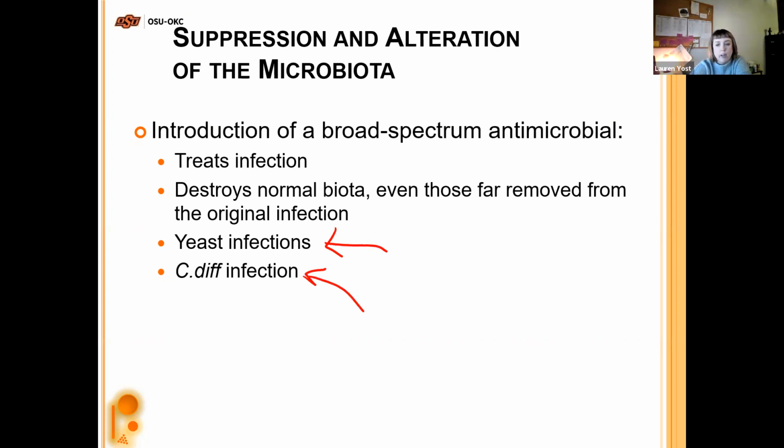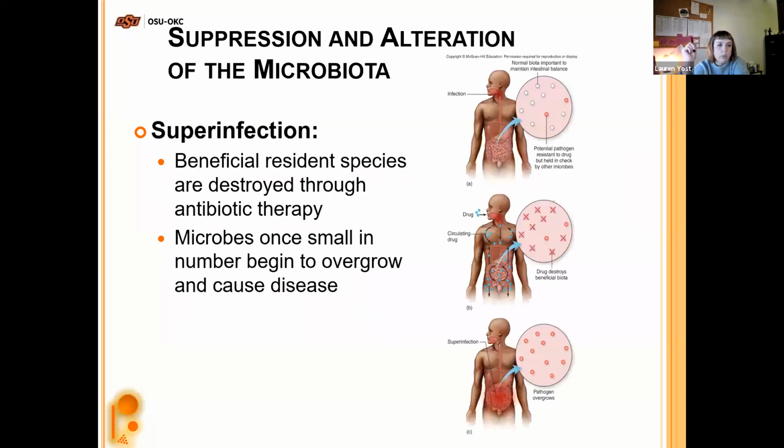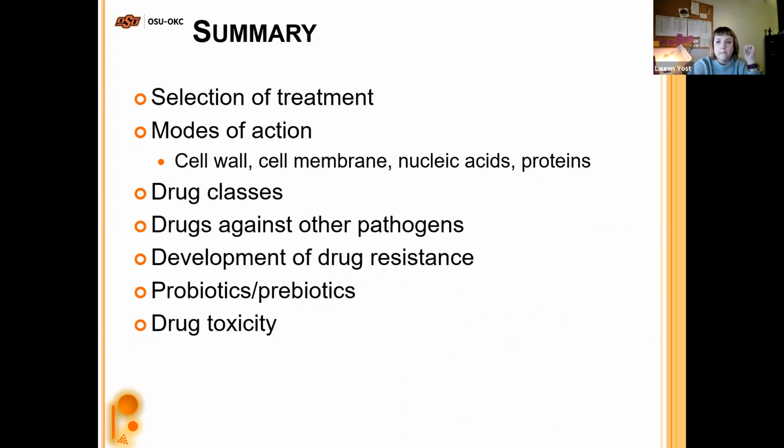I don't think I need to go over that again. That sort of situation is called a superinfection, where the beneficial resident species are destroyed through antibiotic therapy, and then microbes that were once very few in number, like the C. diff or the yeast, can now overgrow because those seats are now empty. That makes sense. They're no longer getting the protection. So that's a pretty important term to be aware of.